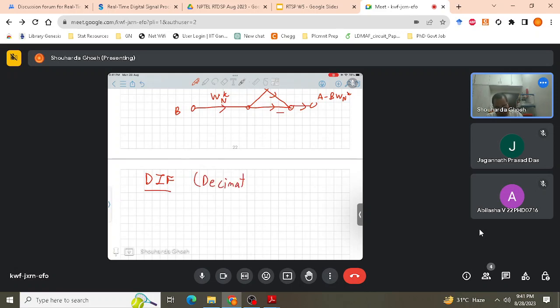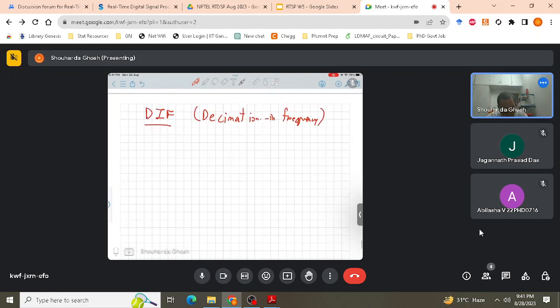Now we have something called DIF, decimation in frequency. So how do I do this? Here I play a different trick. X of k is the summation over n equal to 0 to N minus 1 of x of n W_N^{nk}.